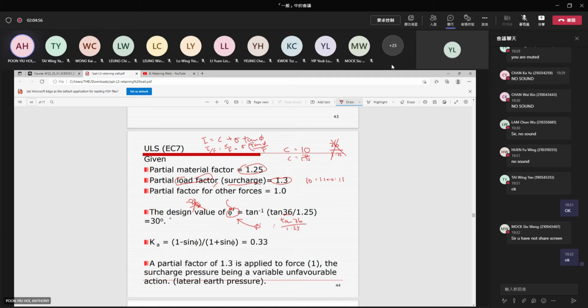Okay, so you have to use this to adjust the friction angle. And after the friction angle is adjusted, then you put it back into this Ka, Kp. This is the thing that makes it a little bit complicated.